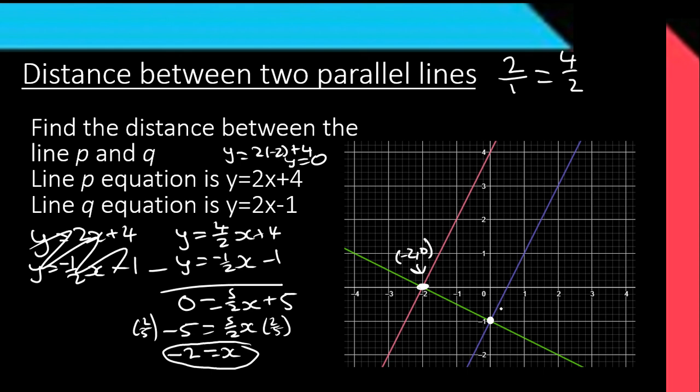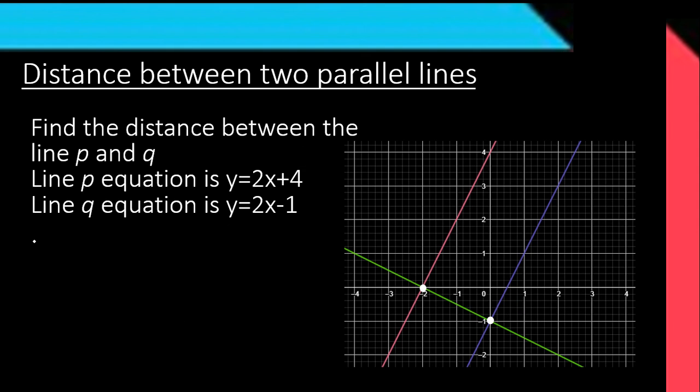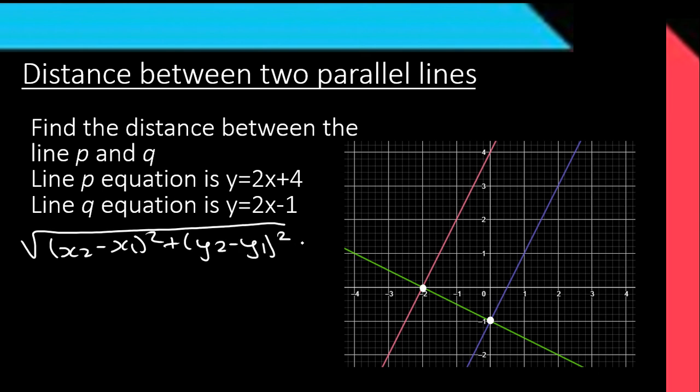So now that I have my 2 points in question, I have 0, negative 1, and I have negative 2 and 0, I can put them into the distance formula. So again, distance formula is x2 minus x1 squared plus y2 minus y1 squared. And I know my 2 points. It's negative 2 and 0, and it is 0, negative 1. So if I put them in, I'm going to say this one is my x2.